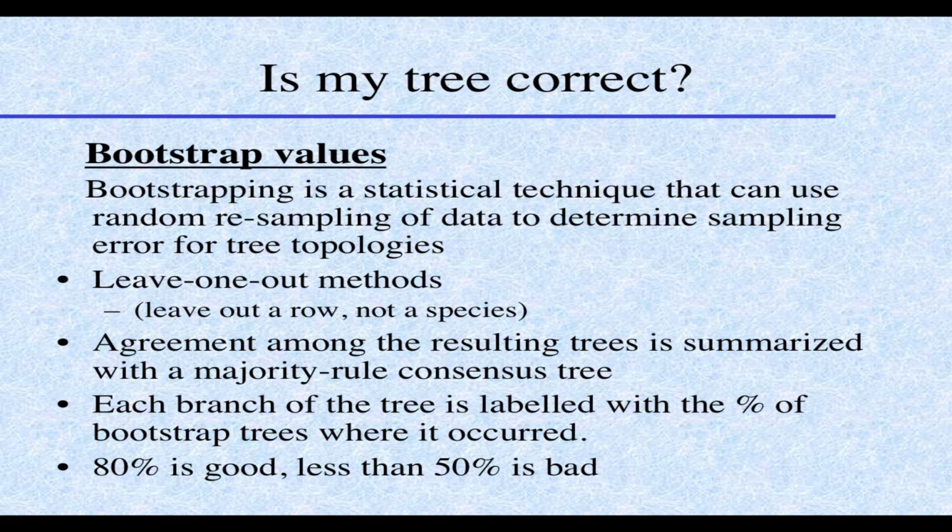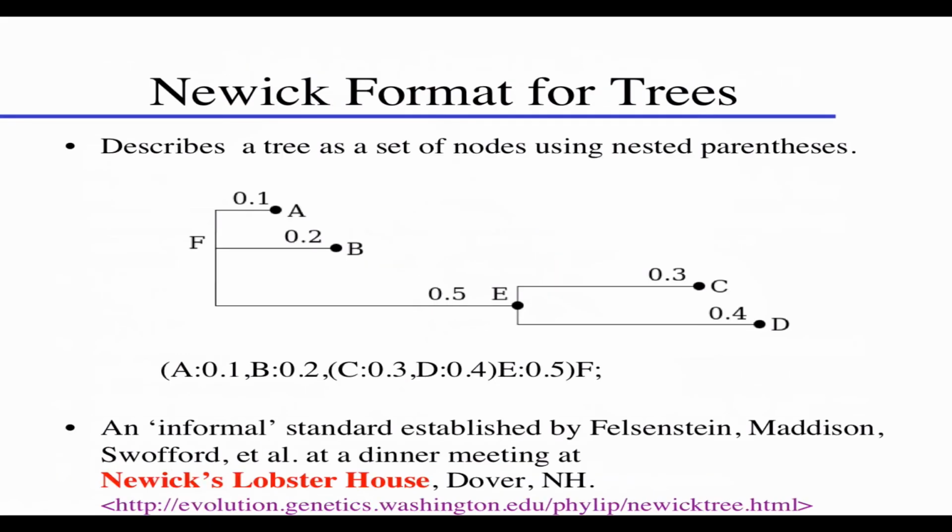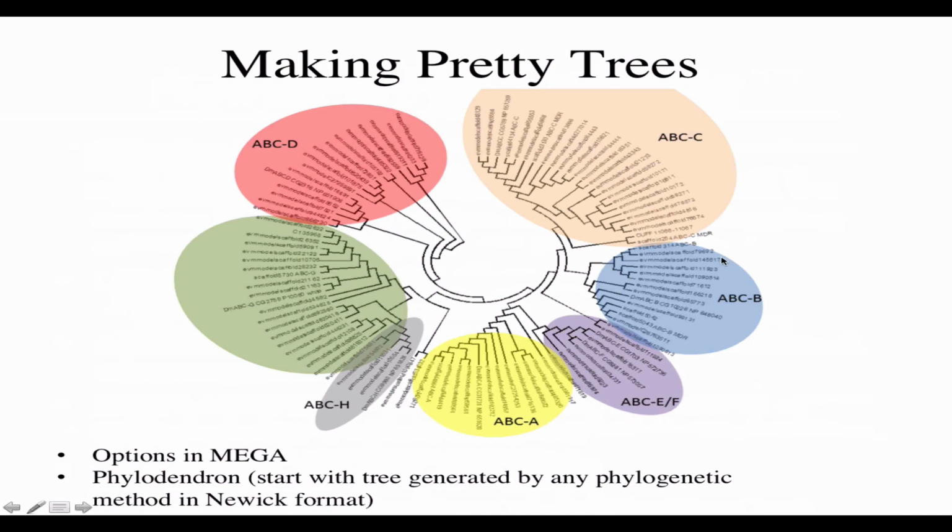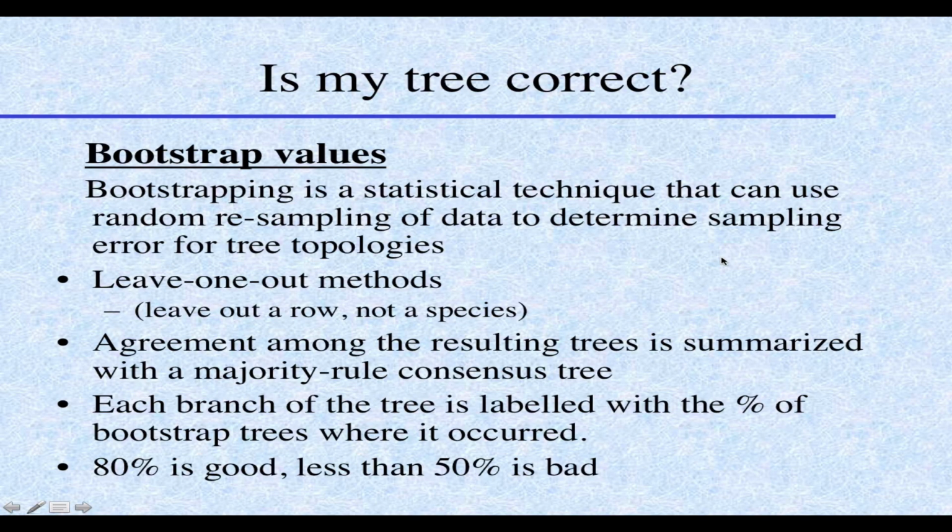What most of the mapping software, the ones that can make this, will do is they will collapse the tree at a given percentage of bootstrap identity. So you've done 100 bootstraps, you've recalculated your tree 100 times. Any branch that's not present in at least 50% of your trees is eliminated and made flat, right?